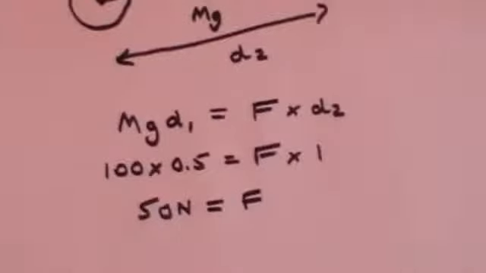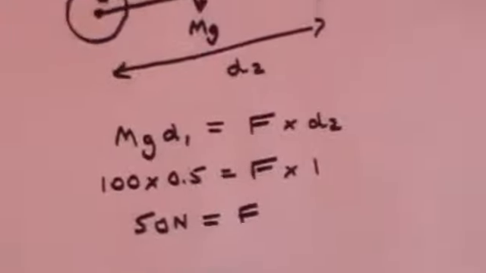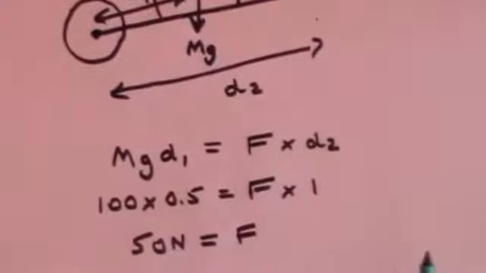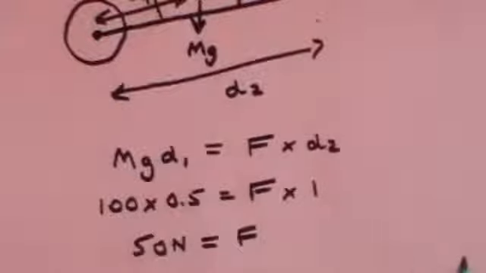So that means that if I put something in a wheelbarrow, I don't have to exert the same force as the load, because I am exerting a force further away. So that's a very efficient way of doing it.